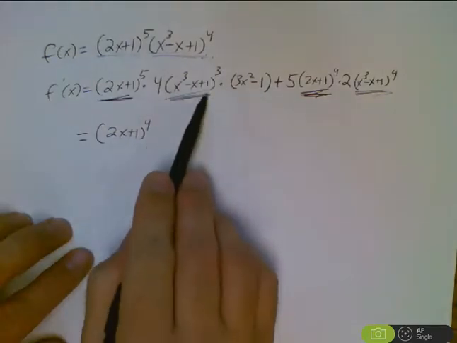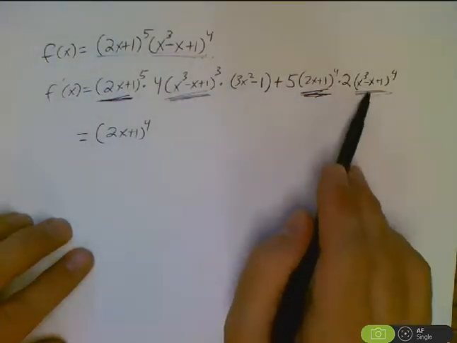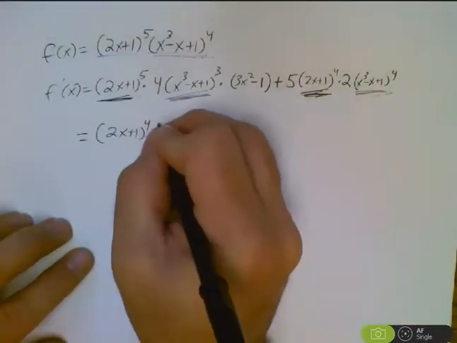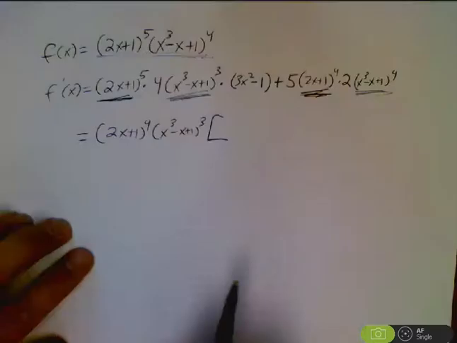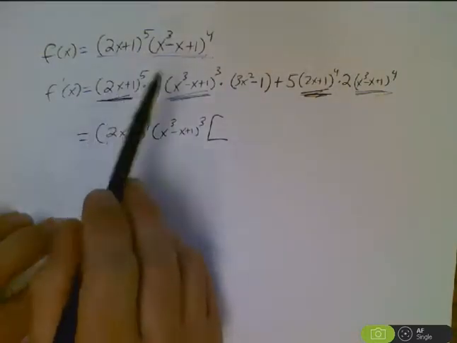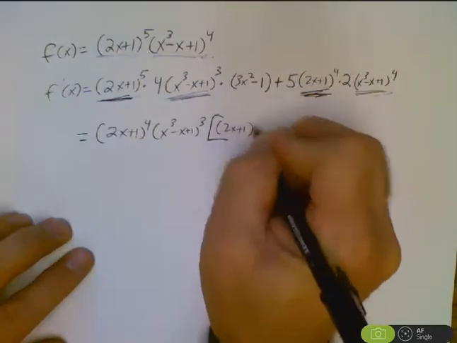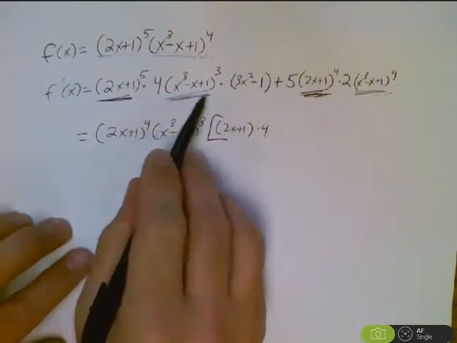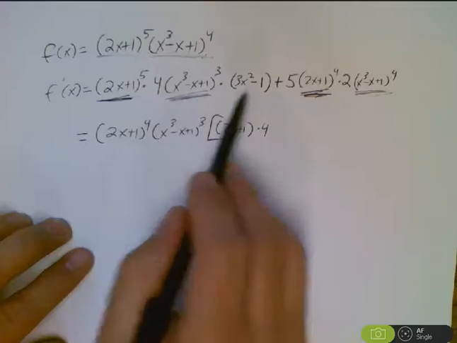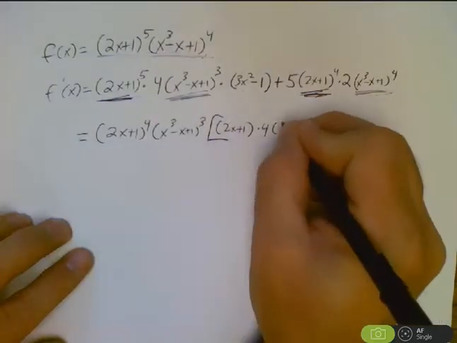I've got 3 of these kind, and I've got 4 of these kind over here, so I'll take out 3 of them, because that's what's in common. And let's see what's left when the dust settles. We have a 2x plus 1 to the 1st. We have a 4. And we took away all those, and then we have a 3x squared minus 1.